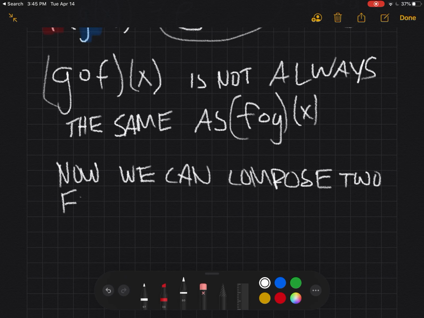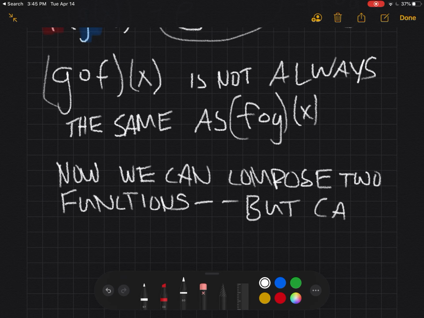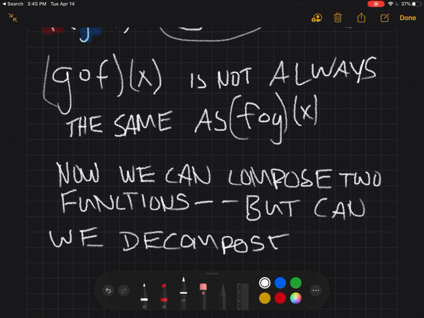Okay. So what I want us to do now is to try to go backwards. This is how we put functions together. So now we can compose two functions.